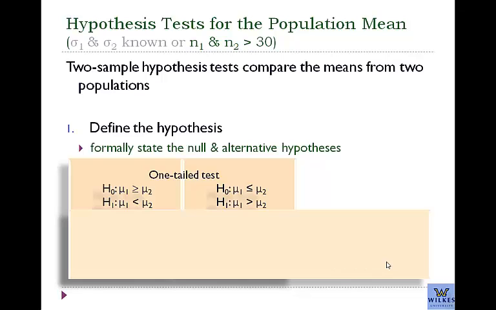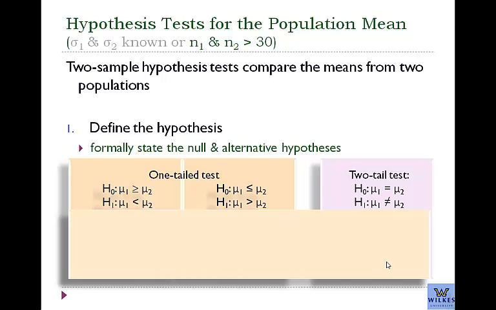Step 1 is the same. We'll state the null and the alternative. You could have a one-tail test or a two-tail test, same as before. One-tail tests show direction, two-tail tests do not. For this example of a one-tail test on the left, the alternative says that mu1 is smaller than mu2.